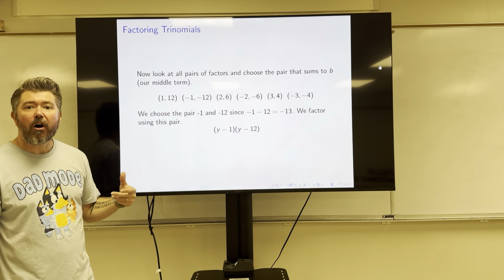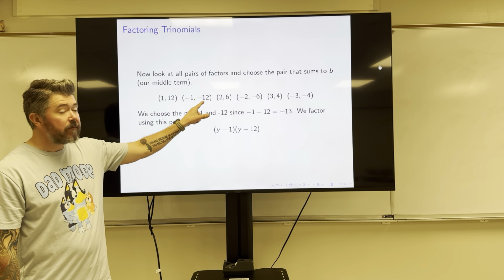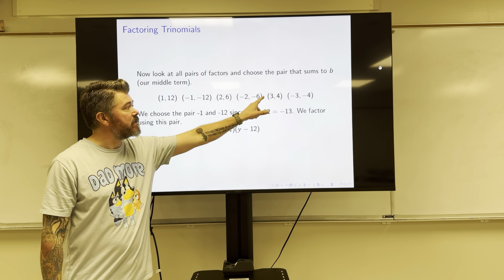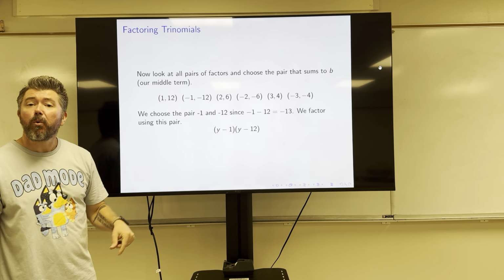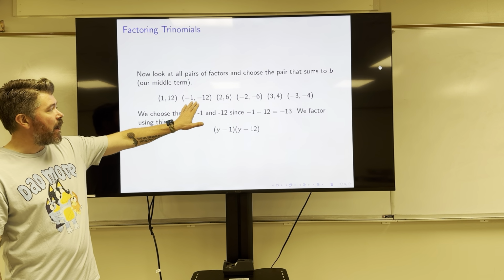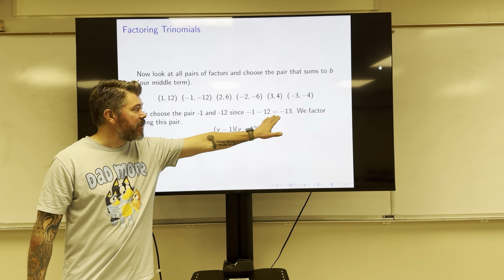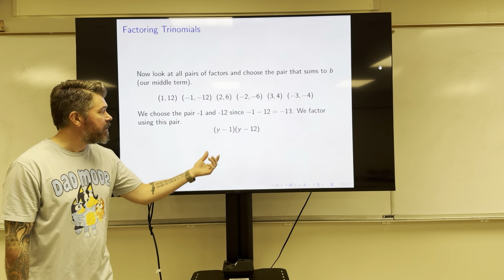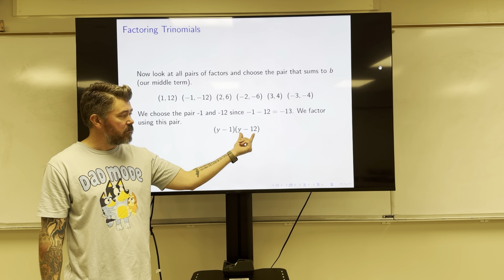Okay, if we list all of our factors of 12, 1 and 12, negative 1, negative 12, 2 and 6, negative 2, negative 6, 3 and 4, negative 3 and negative 4, which ones add to negative 13? This one, right? Negative 1 and negative 12 give us a negative 13. So that's how we factor. Remember, the trick is we use negative 1, use negative 12.